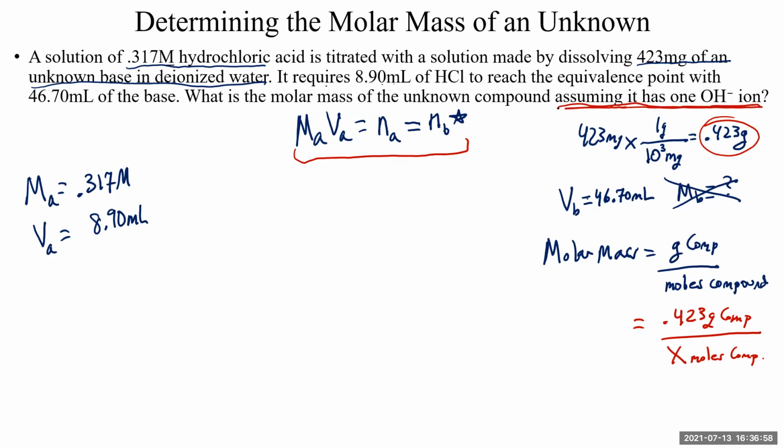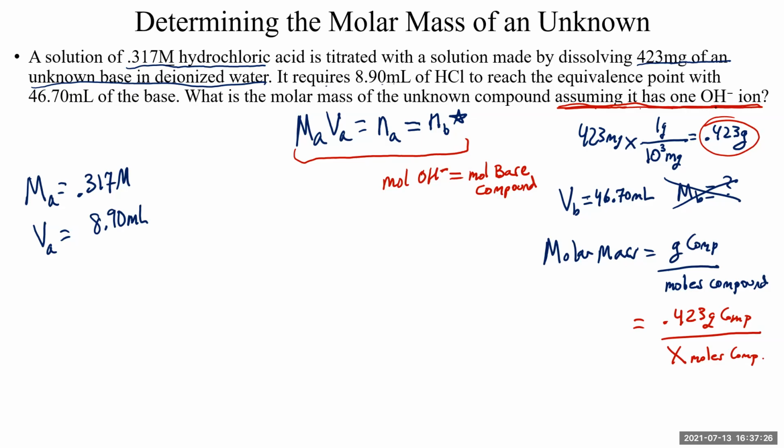This here allows me to make that leap, assuming it has one hydroxide ion. In other words, the moles of hydroxide ion equal the moles of base compound. The moles of compound and moles of hydroxide are the same. It's a 1-to-1 ratio because this compound has only one hydroxide.